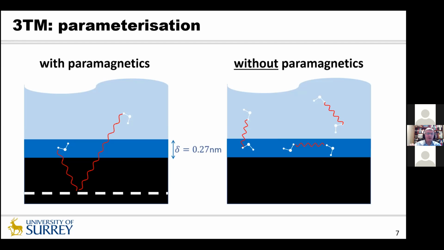The first of these parameters is the thickness of our surface layer, which is defined to be delta, 0.27 nanometers. And that comes from molecular dynamic simulations by us and by numerous other people. There's a slow-moving layer of water at a surface of about that thickness. The second hardwired parameter in the model is the distance of this effective layer of paramagnetic impurities below the surface, that is representative of the density of paramagnetic ions in the solid, which is fixed at 2 delta. And we'll see shortly how that comes about.